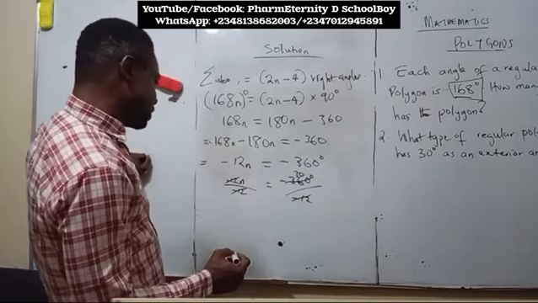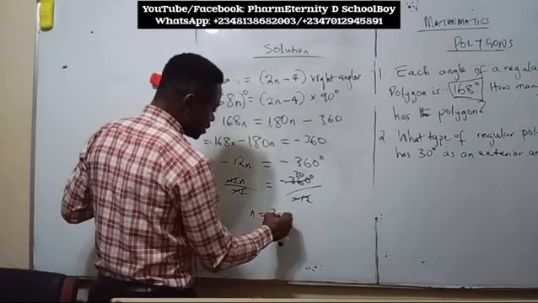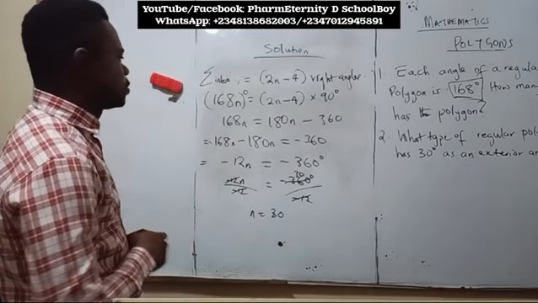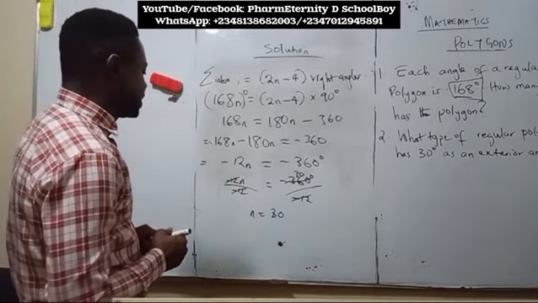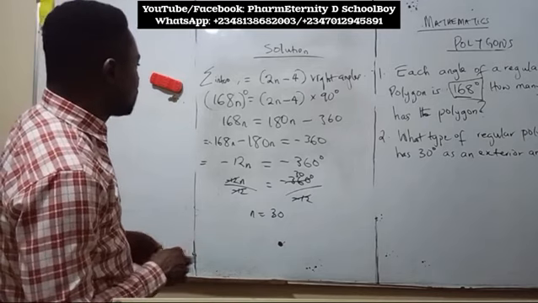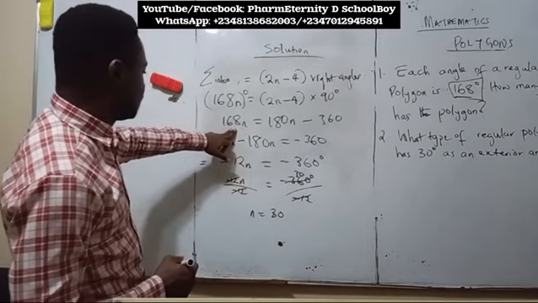Hope I'm correct. So we have 30. So n is equal to 30 sides. Wow. 30 sides. Hope I'm correct. So let's see. This minus this is 12.